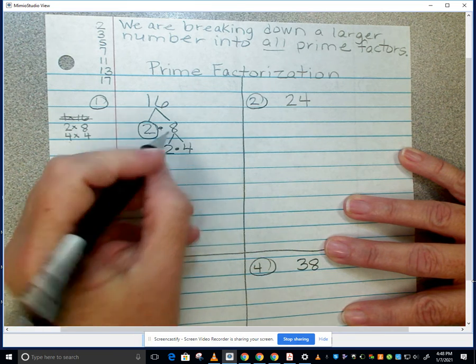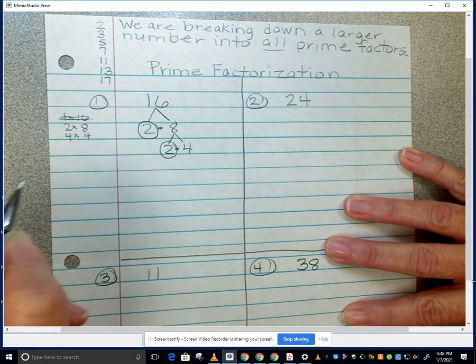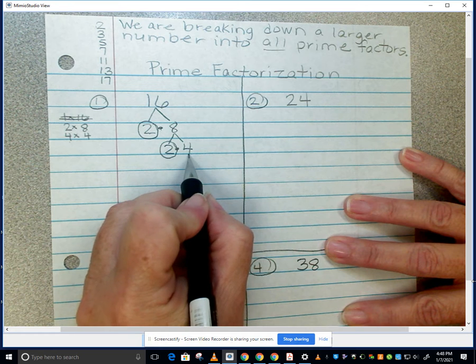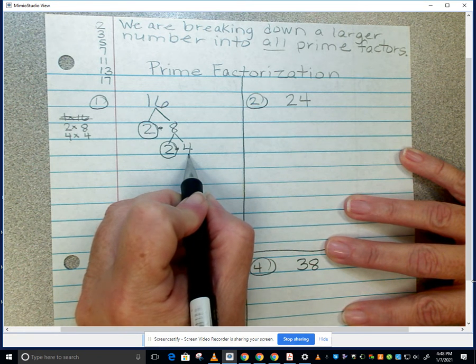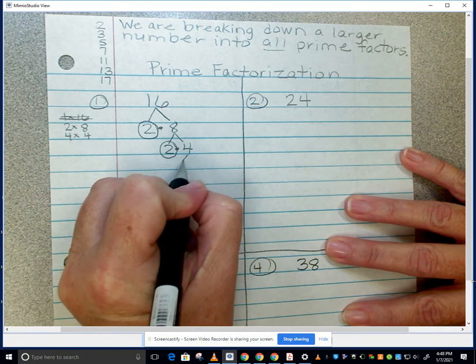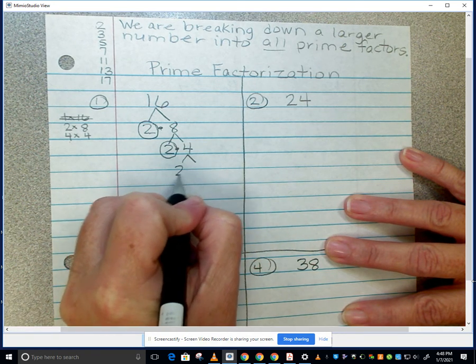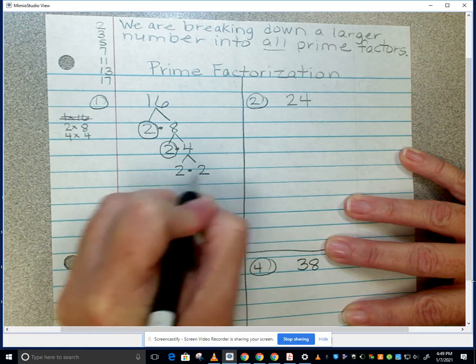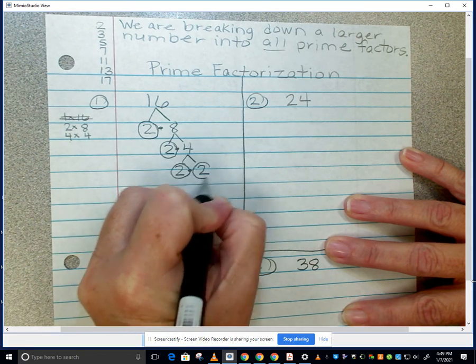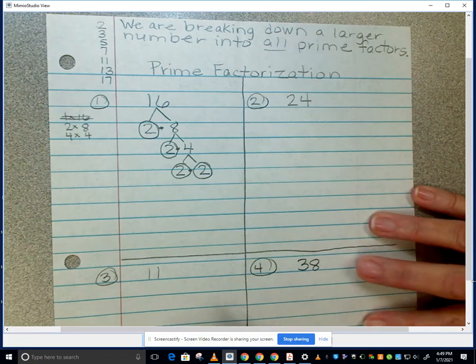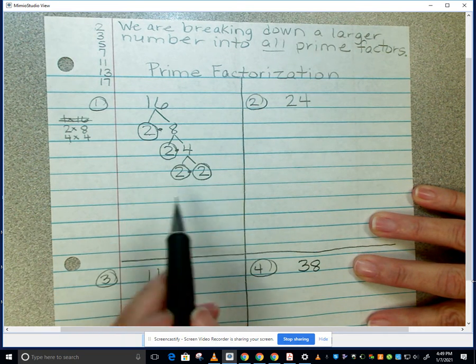We circled it, so we know it is prime. Now let's go to 4. Can I circle 4 and call it prime? No, because I need to branch 4. It is a composite number. I can say 2 times 2. Prime, prime. Now I'm finished with the number 16.